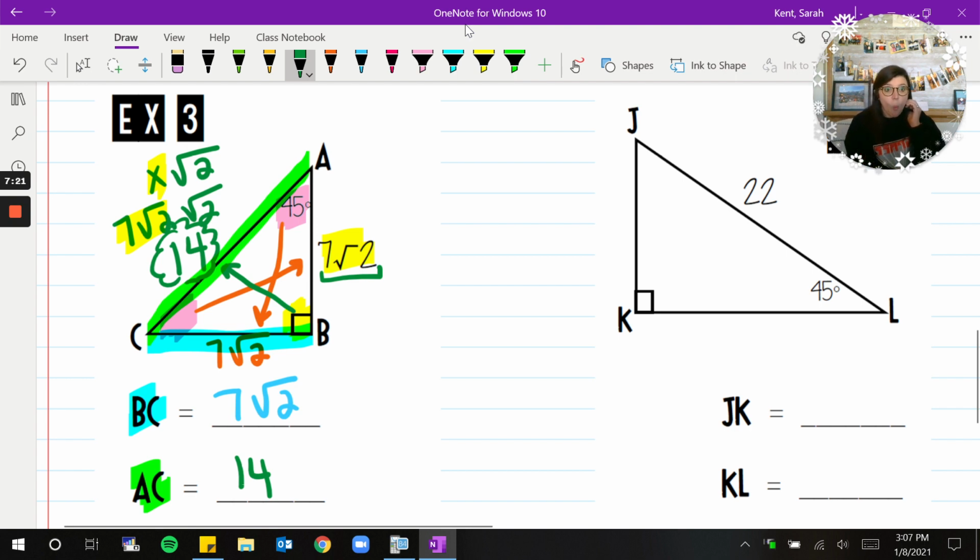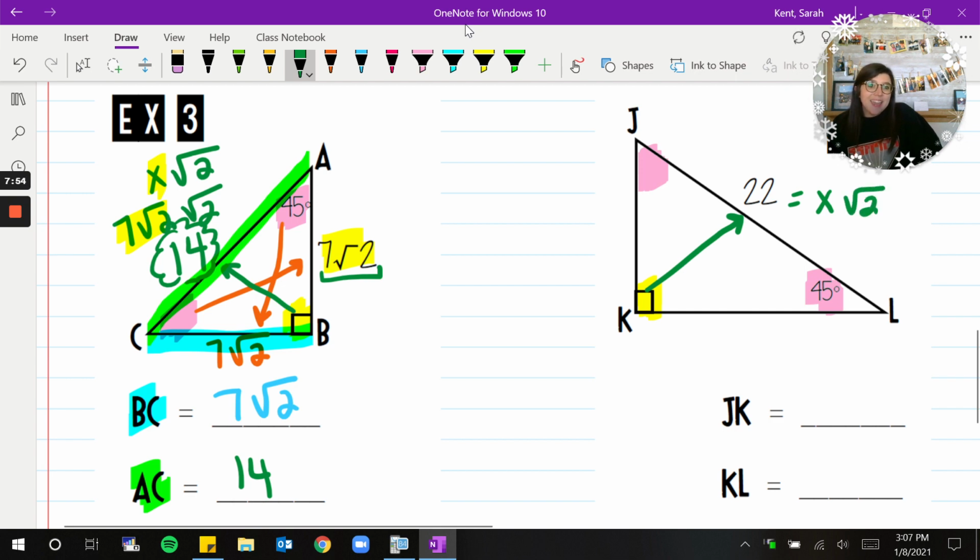All right, we're going to look at one more example. I'm going to start by seeing here's 45, so that means this is 45, and then 90 degrees is in the corner. When I look, 22 is across from 90 degrees. This is going to be the trickiest one. This 22 is equal to the whole x square root of 2.